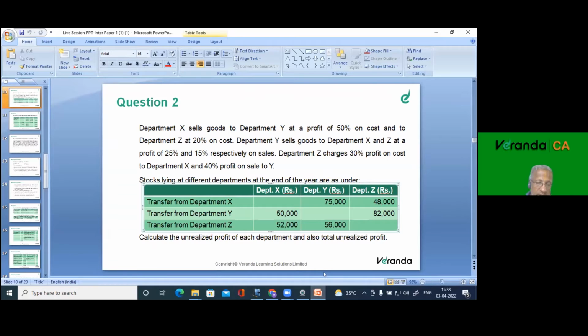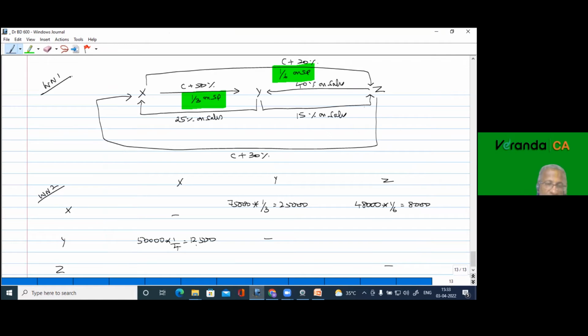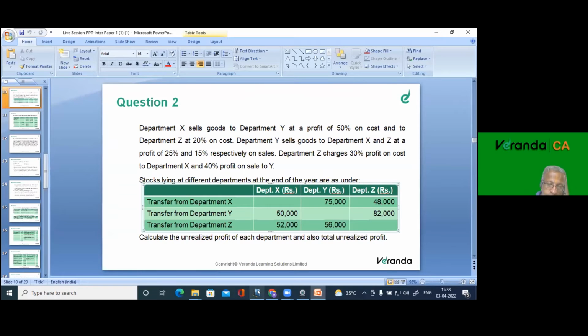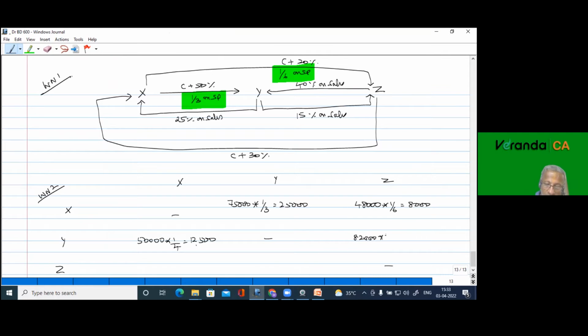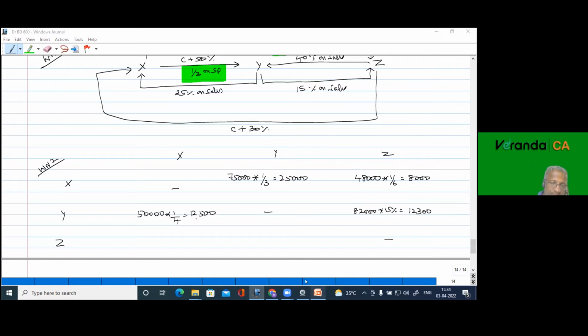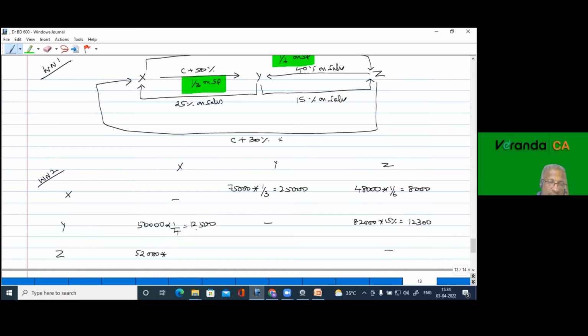Here from Y to Z, 14%, 12,300. 52,000 into 30/130 on selling price. 52,000 divided by 130 into 30 is equal to 12,000.